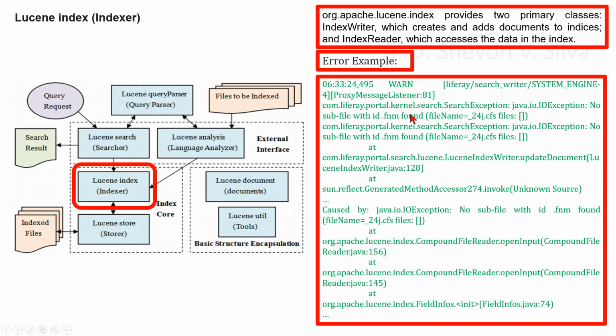Java IOException, no sub-file with id .fnm found, etc. And here com.library.portal.search.lucene IndexWriter.updateDocument, etc. And here org.apache.lucene.index.FieldInfos, etc. And here you can see the CompoundFileReader also.